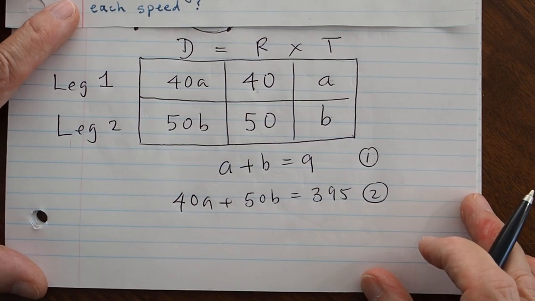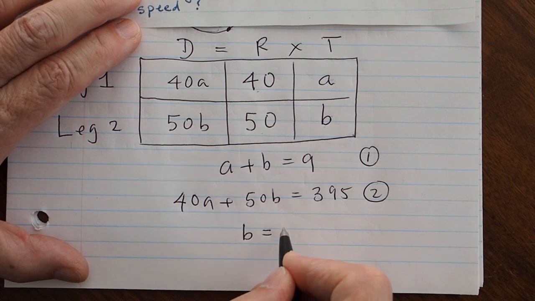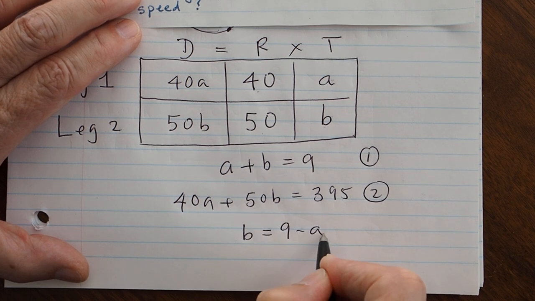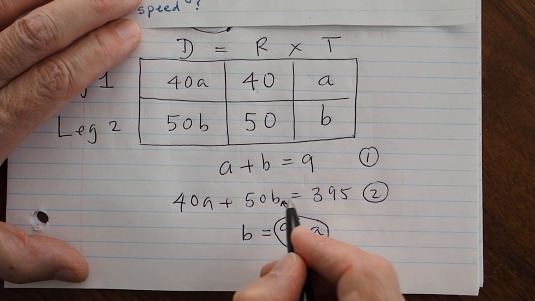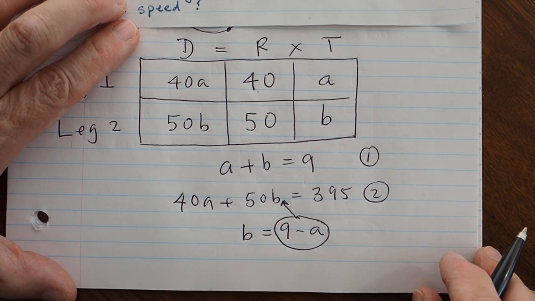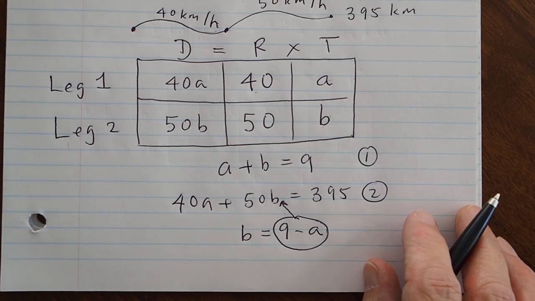A good recommended way to solve this is to rearrange equation 1 so it reads B is 9 minus A. And this can go in for every occurrence of B in the second equation. That will be simple substitution. We'll finish that on the next page.